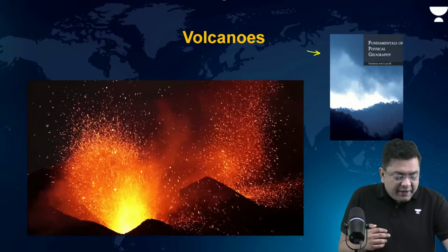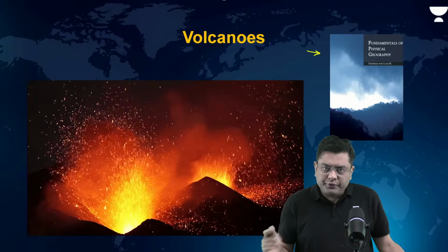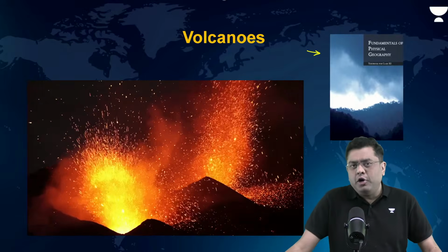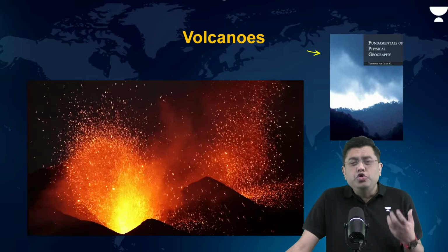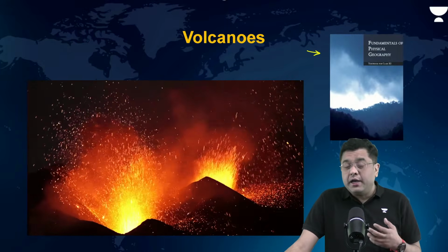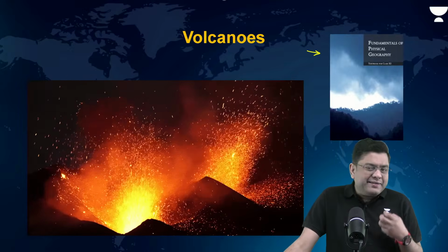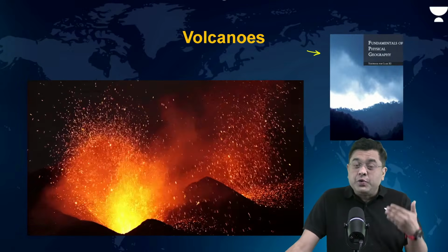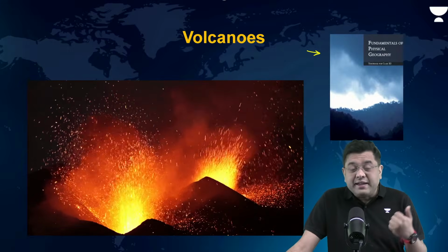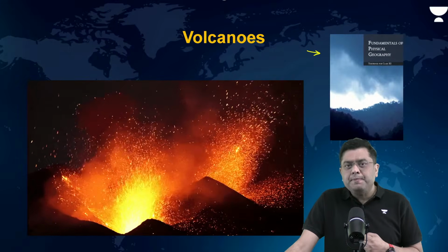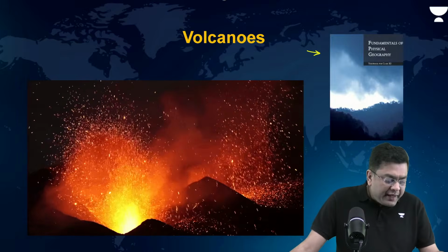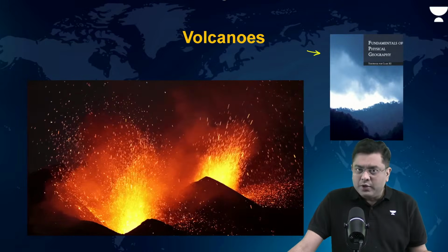So, when we talk about the case of volcanoes, volcanoes are a geographical phenomenon which is quite unique. In fact, one can argue planet Earth does not have any other feature which is as visually appealing as the volcanic eruption. And this volcanic eruption is not something which is absolutely new, by the way.